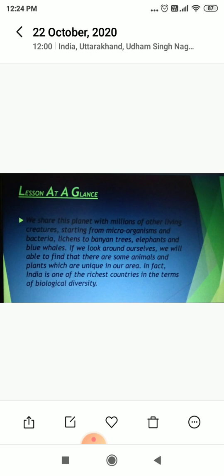India also has 90,000 species of animals, as well as a rich variety of fish found in fresh water as well as in marine water. These three facts are enough to prove that India is one of the mega biodiversity countries in the world.